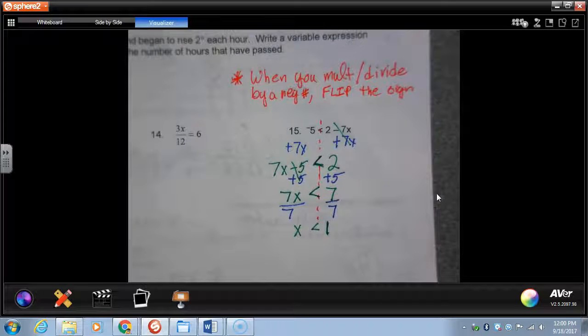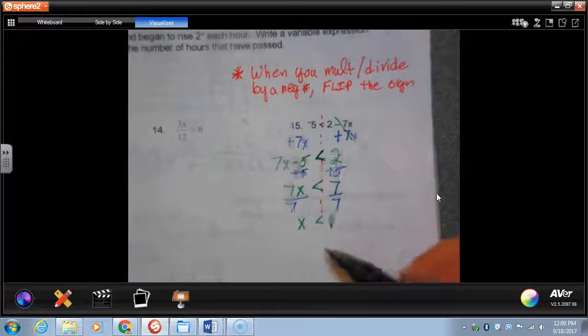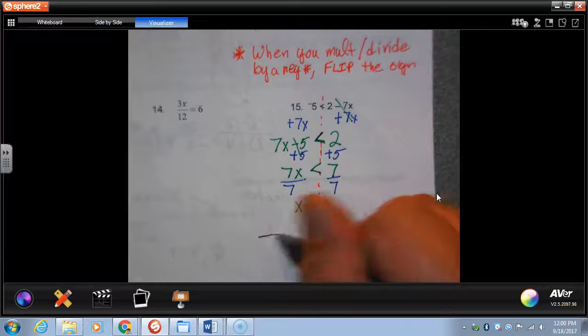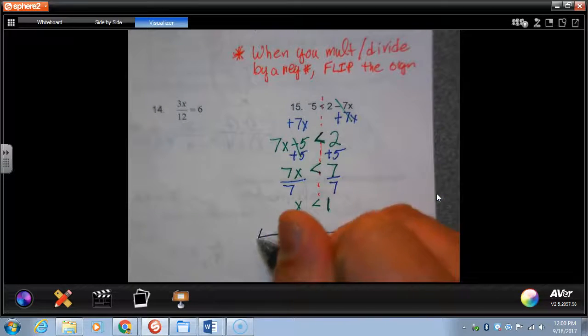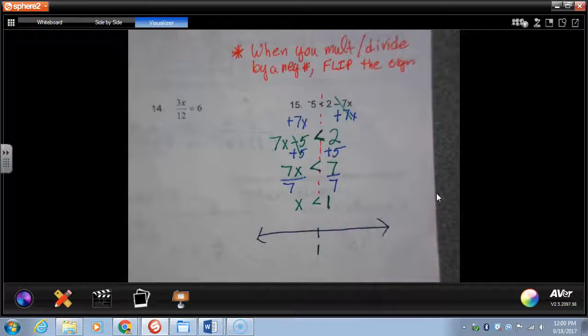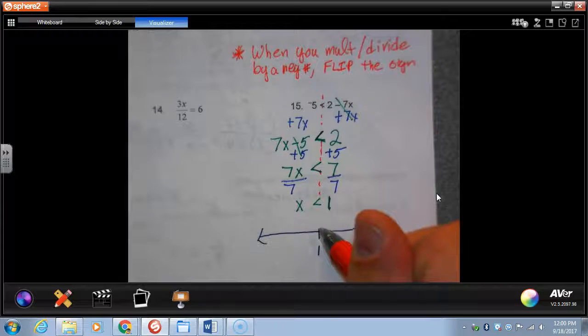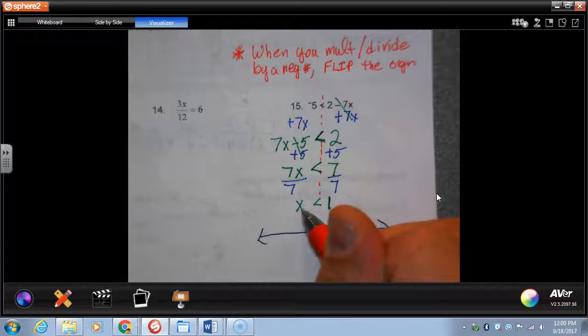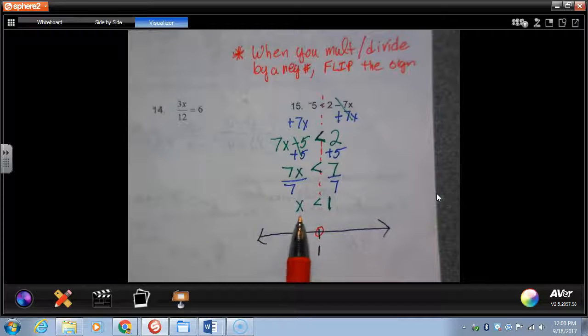Then you go to graph these. Give yourself a number line. Here's my number 1. Open or closed circle? Right, open. And since I kept my variable on the left-hand side, I'm going to follow the arrow.